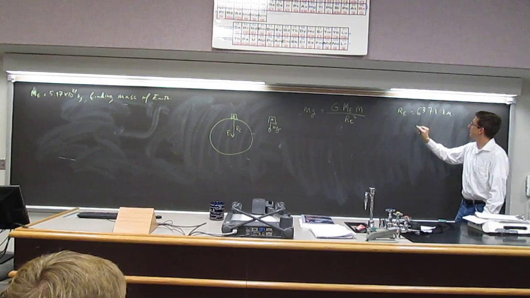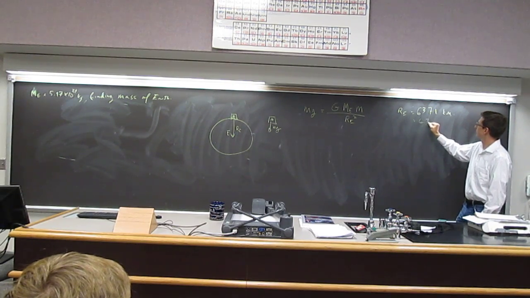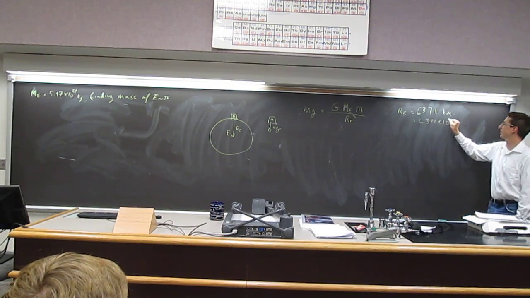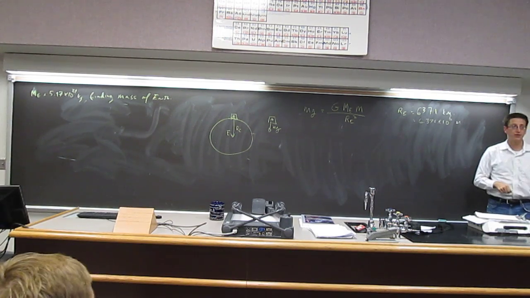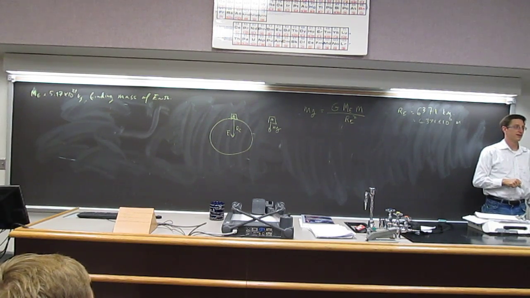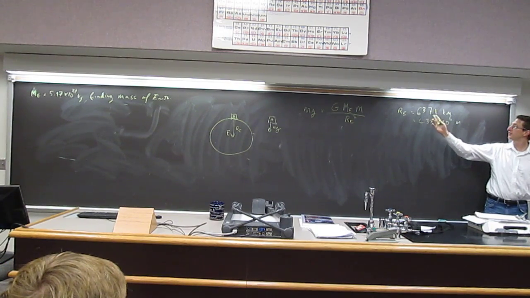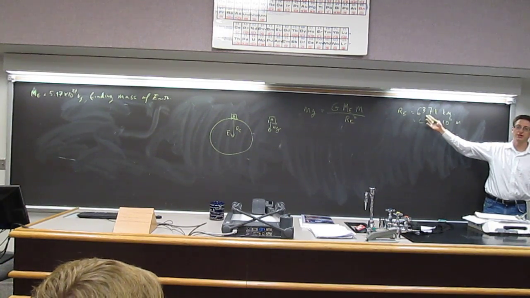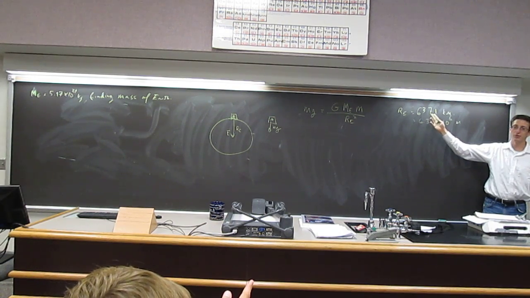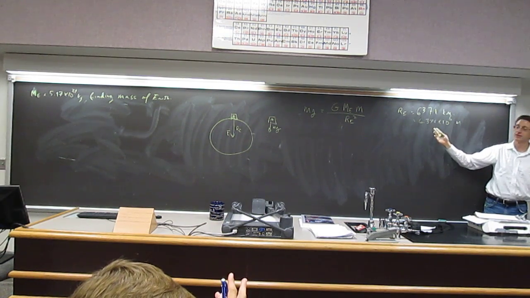So that'd be 6.371 times 10 to the 6 meters. Is that clear how I got that? This is 6.371 times 10 to the third kilometers multiplied by 10 to the third meters per kilometer.